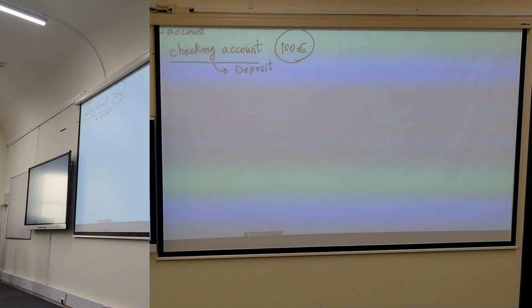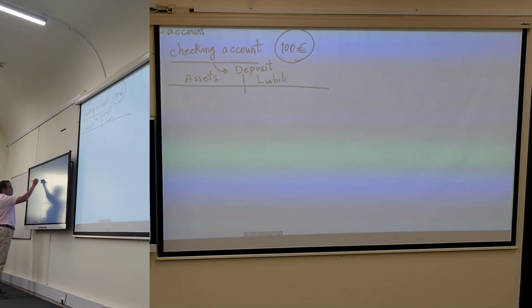Okay? So I have a deposit at the bank, which shows up as a 100 euros liability on the bank's balance sheet, right? So if we have the bank's balance sheet, what we might expect in the asset side, here we will have the liability side.